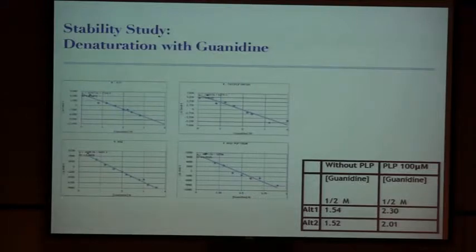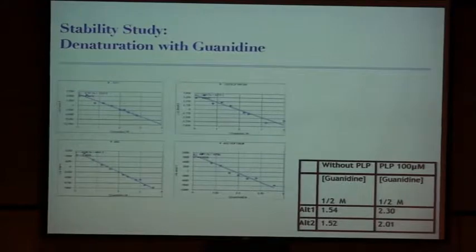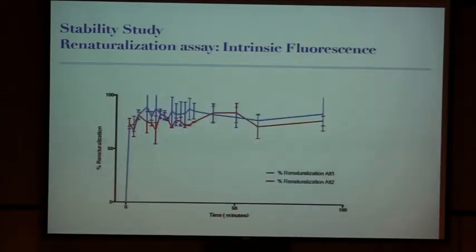We made a really similar experiment, but with 180, and they have the same result. The PLP stabilizes both proteins, but L1 is a little bit more stable than L2. Then we made renaturation assays, and both proteins have the same behavior.